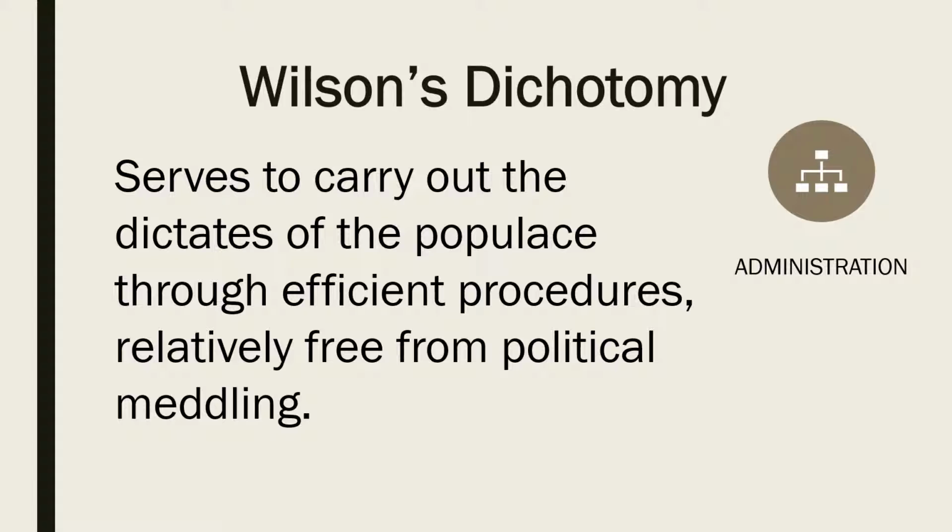In other words, administrators should not allow the politics of the current day to impact decisions that are what's most beneficial for the community. I think a modern day example of this would be what we can see today with President Trump and the congressional committees.